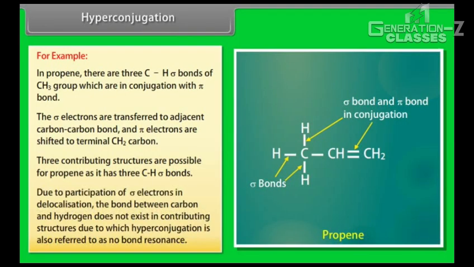Due to participation of sigma electrons in delocalization, the bond between carbon and hydrogen does not exist in contributing structures, due to which hyperconjugation is also referred to as no bond resonance.